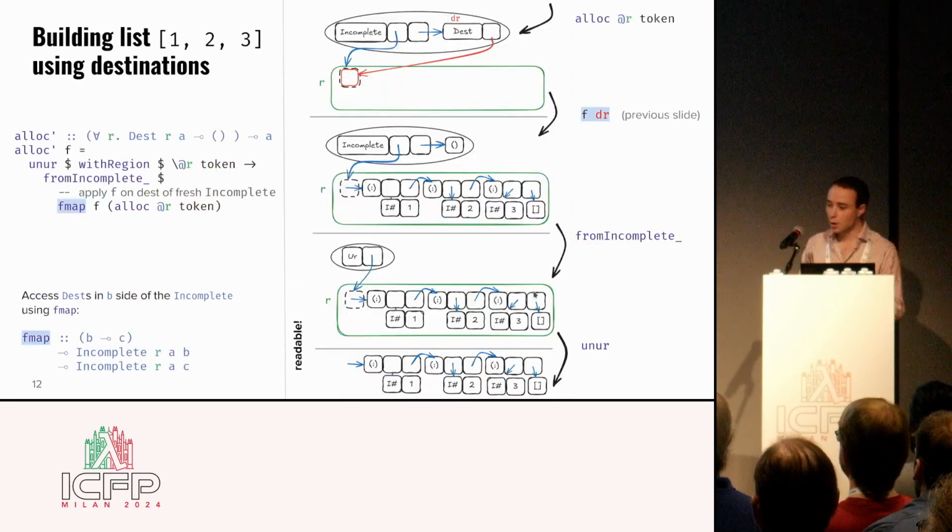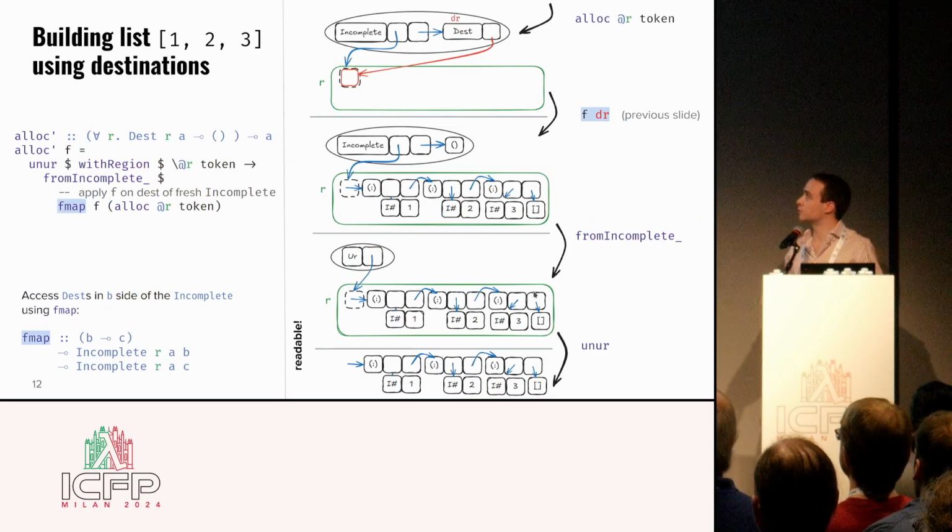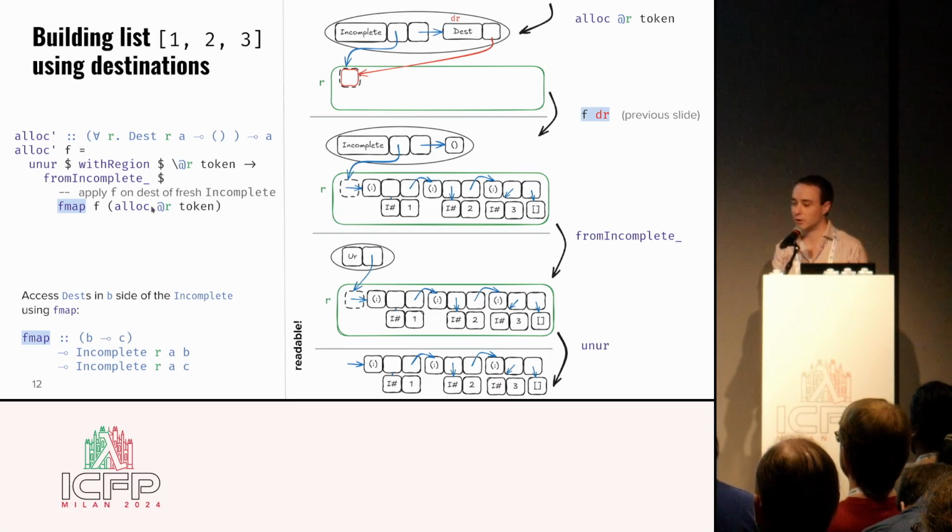So in the previous slide, we focused mostly on destination. Here is the bigger picture, including the Incomplete wrapper I just talked about before. If we look at the implementation of allocPrim, the most nested call is a call to alloc. And alloc actually creates a fresh Incomplete wrapper.